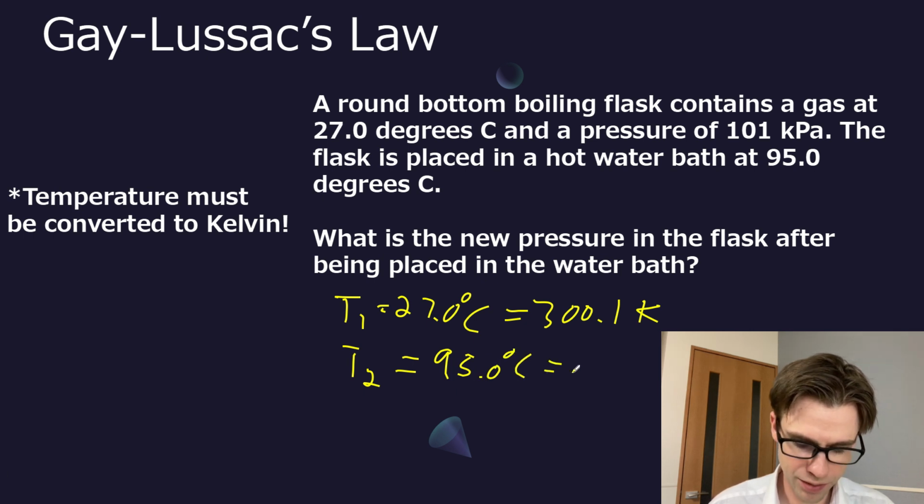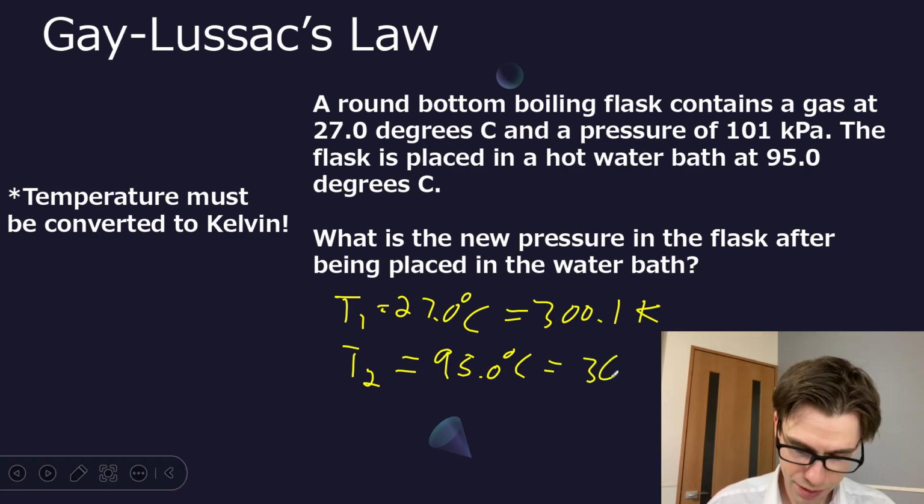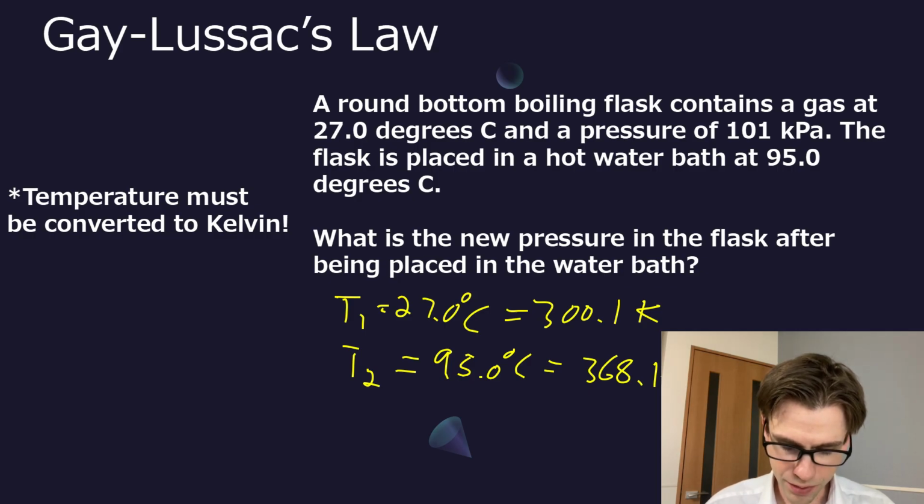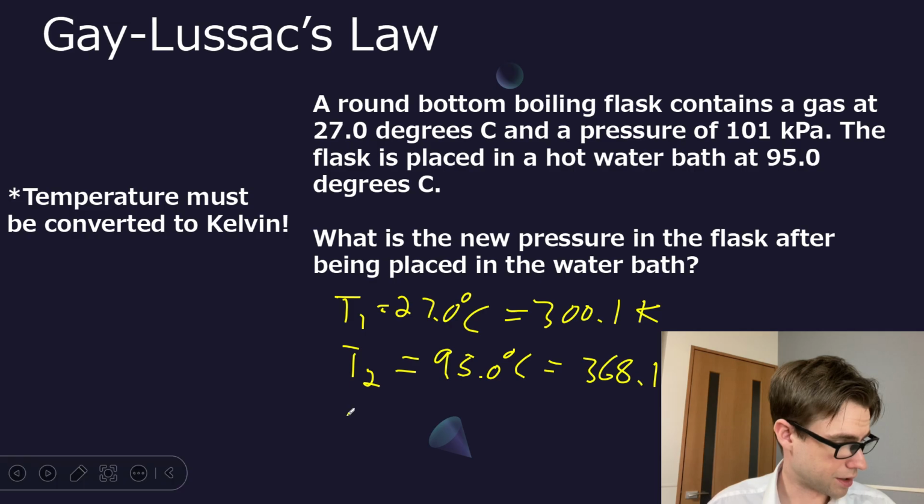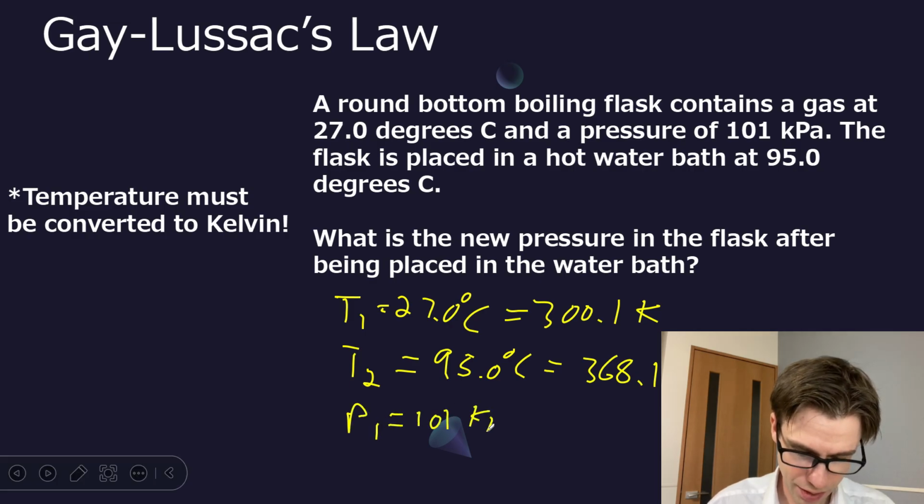We need that in Kelvin, plus 273.1, 368.1 Kelvin. So it's quite a big increase even in Kelvin. Then our pressure, initial pressure was 101 kilopascals. Question's asking us what's the final new pressure. We don't know that.